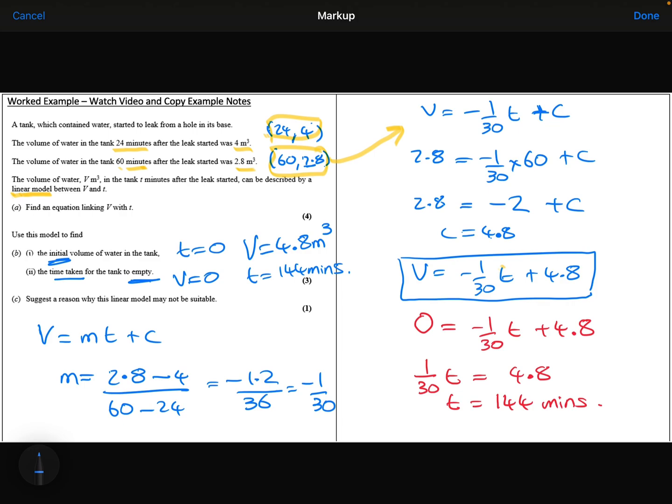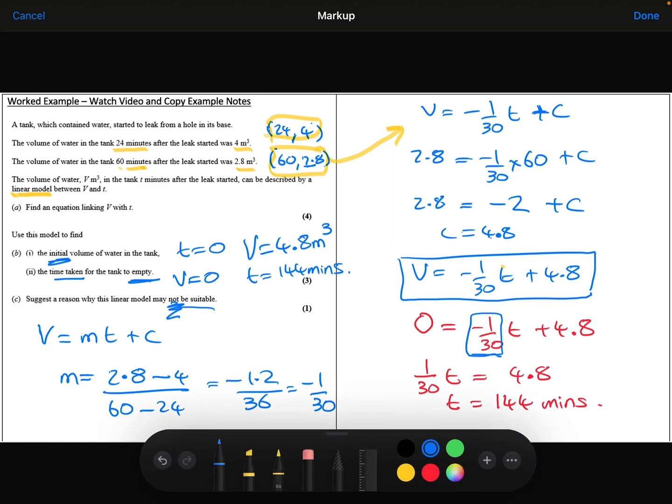Part C. Suggest a reason why this linear model may not be suitable. Well, we only need to give one reason here. This model seems to suggest that the volume is going to be going down by a constant amount each time. Each minute that passes, the volume decreases by 1/30. And that's probably unlikely.